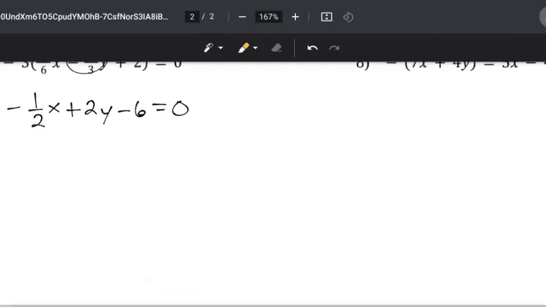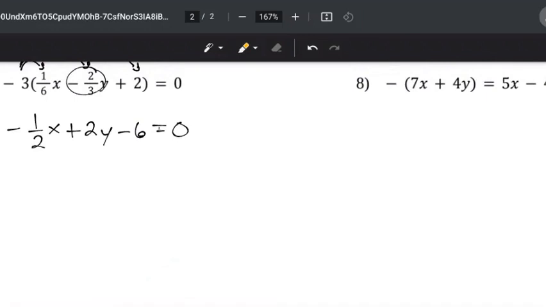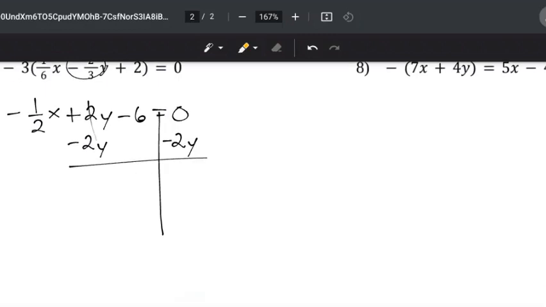Okay, now the most efficient way to finish solving this problem, or the way to solve it in the least amount of steps, is we're trying to get y on one side of the equal sign by itself. So instead of moving the x and our negative 6, we're going to subtract the 2y.